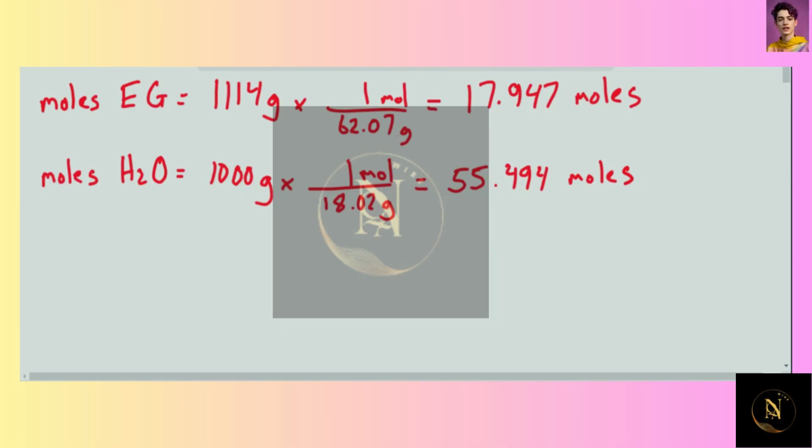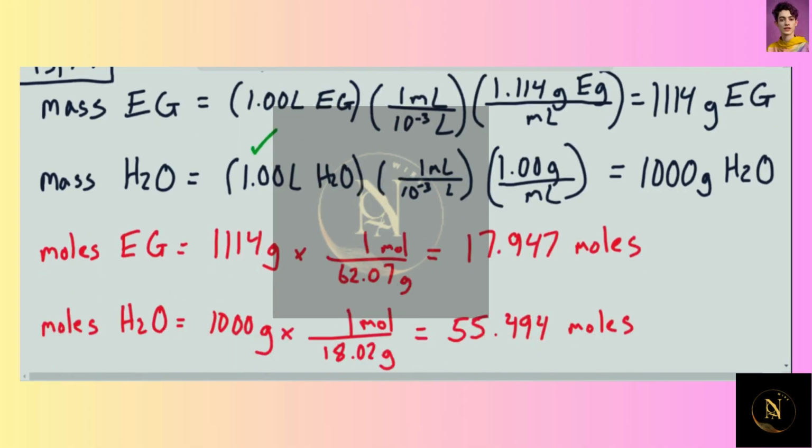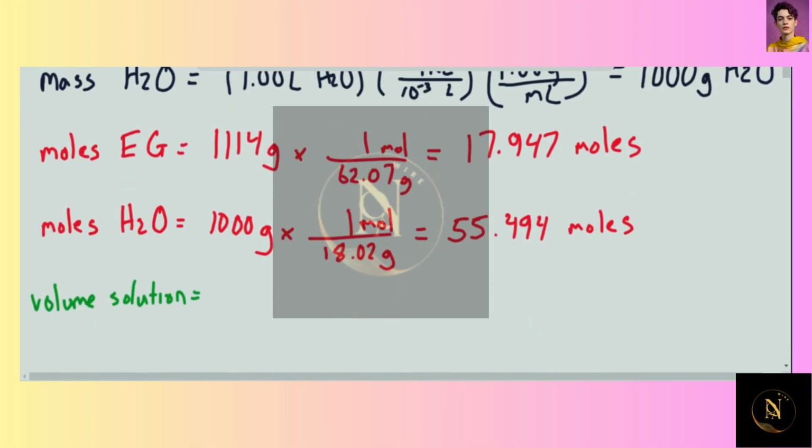And then finally, we can calculate the volume of the solution. At first, this might seem a little unnecessary because we selected our volumes at the beginning. 1 plus 1 should be 2. But we're given a density of the final solution, so we can go ahead and double check.